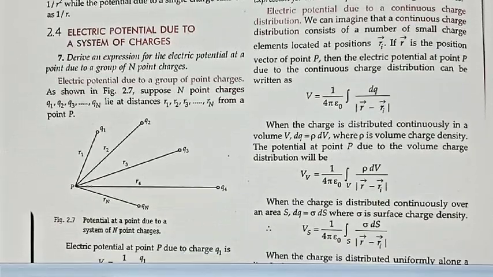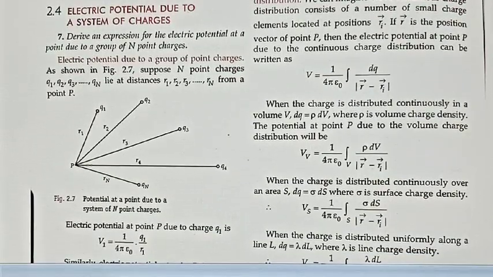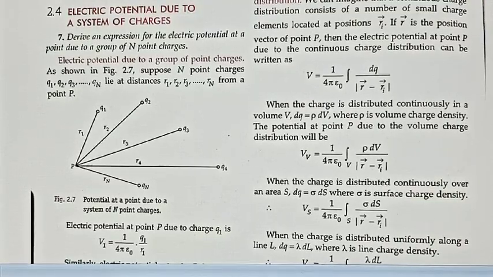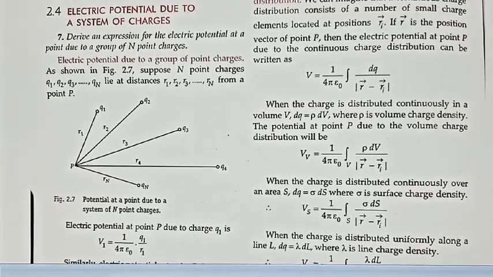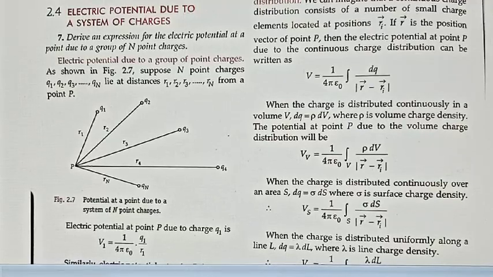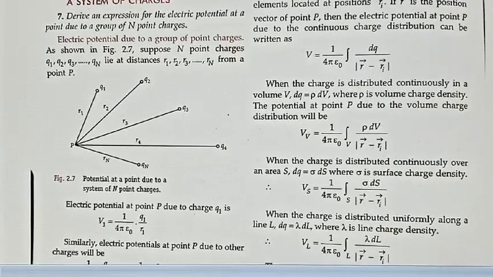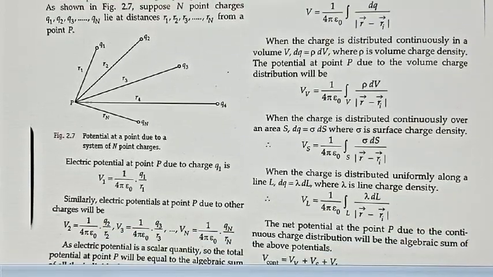Okay, so we have considered electric potential at a point due to a dipole. Dipole is a system of two charges. It can be for more number of charges, so for that you have to do this same thing.